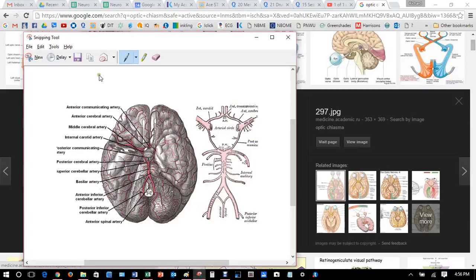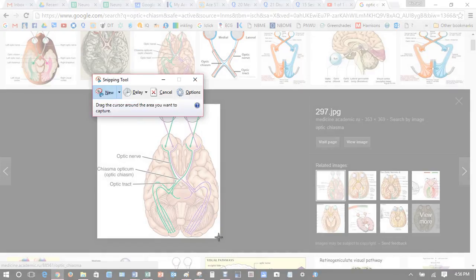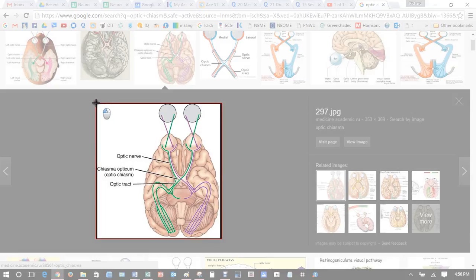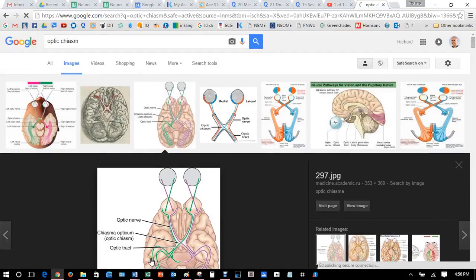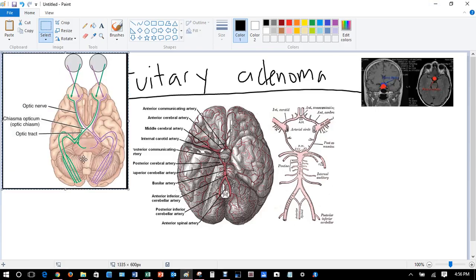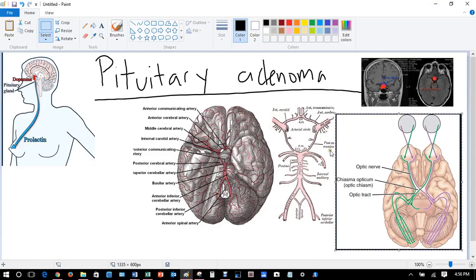This is an explanation about the bitemporal hemianopia I mentioned earlier. Here we go, all kinds of pictures to explain this. What's going on with bitemporal hemianopia?